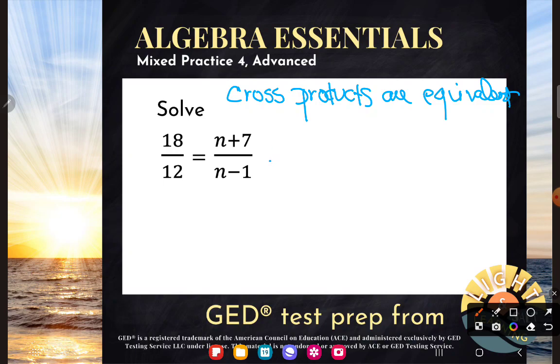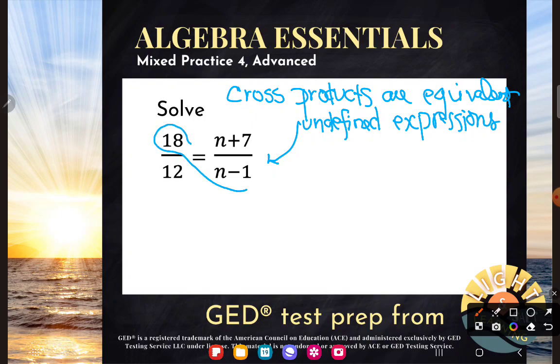That's because of what we learned in undefined expressions: you're not allowed to divide by 0. So if you were to get an answer that makes that 0, you would just have to throw it away. For example, if I found out that n was equal to 1, it wouldn't work because 1 minus 1 is equal to 0. But anyway, that, like I said, is not combined on the GED.